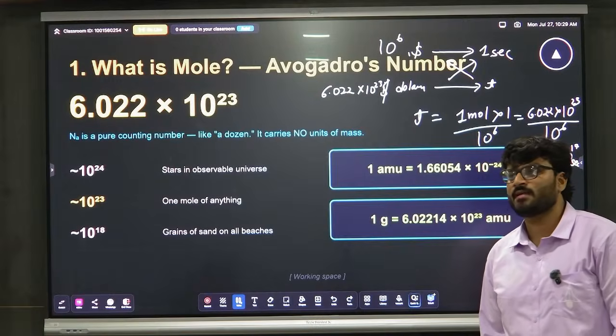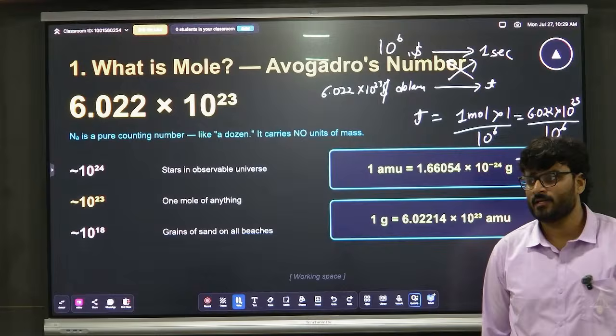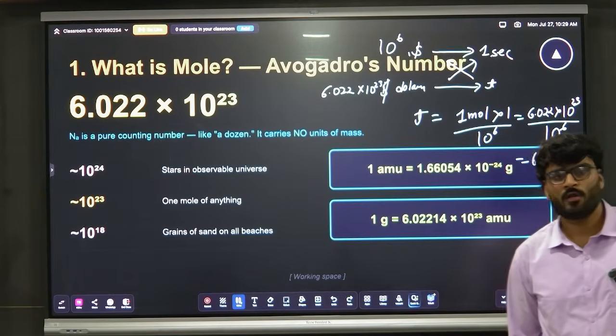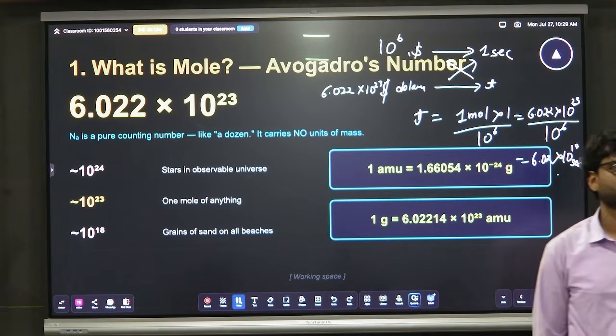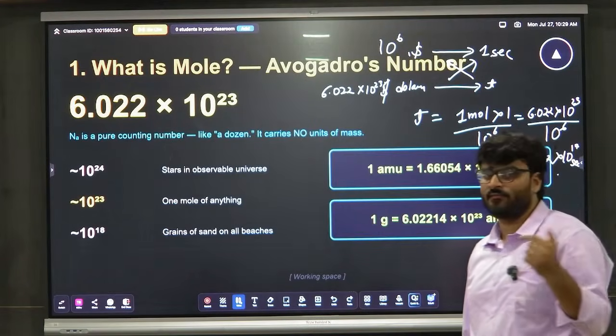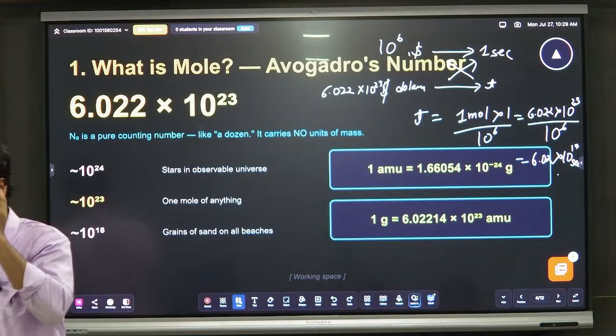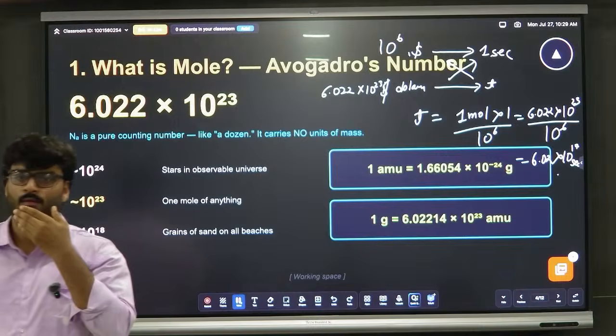1 year has how many seconds? 60 into 60 into 24 into 365, right? 60 into 60 into 24 hours into 365 days. You can use a calculator.